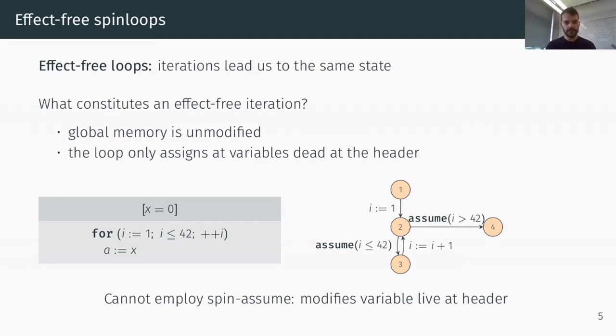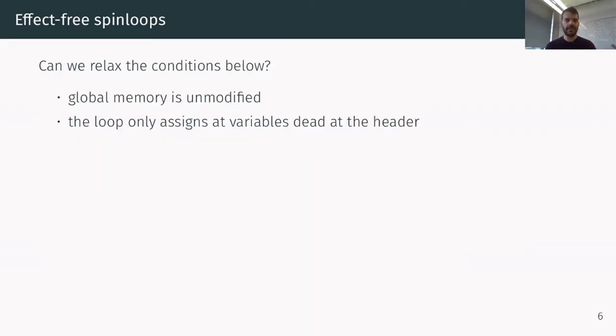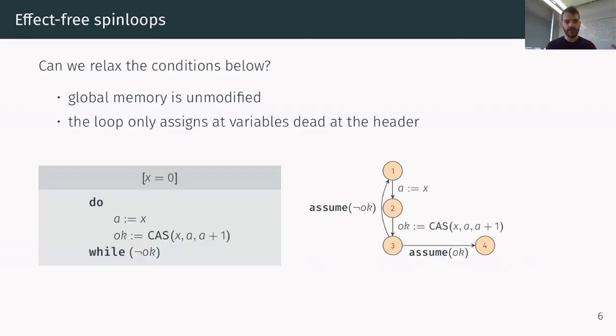So these two conditions are adequate, but we would also like to relax them a bit. For example, we would like to relax the first condition in order to be able to soundly bound loops like this one. This loop tries to atomically increment the variable x using a compare and swap instruction.